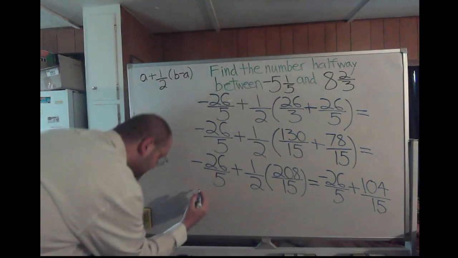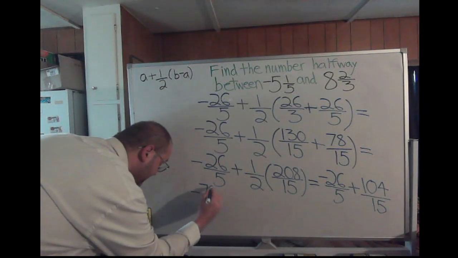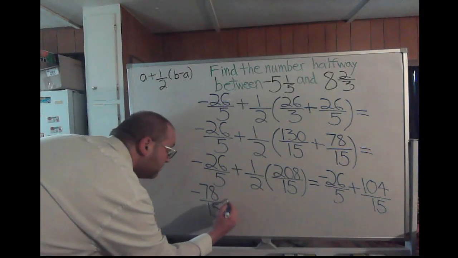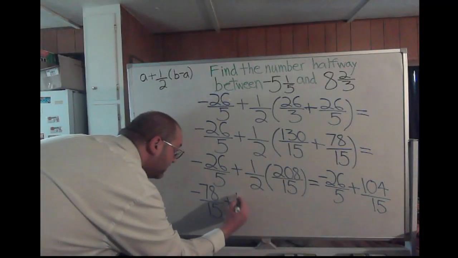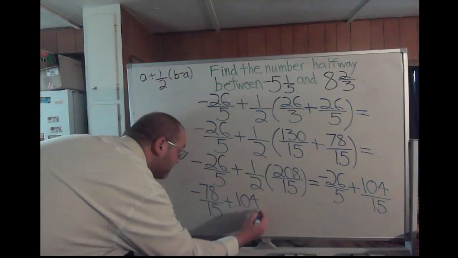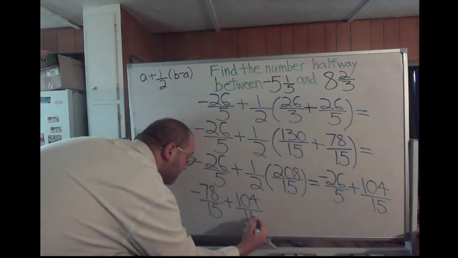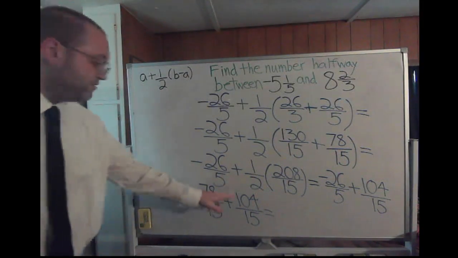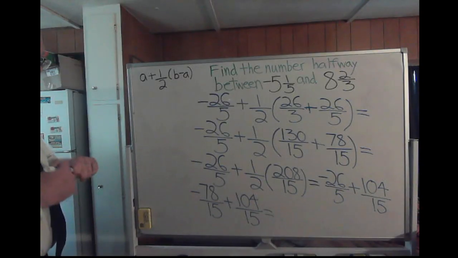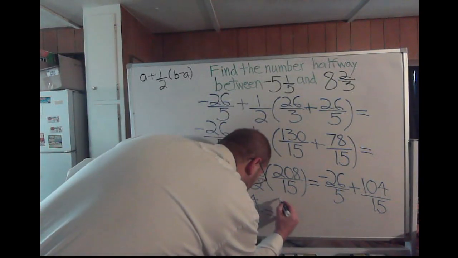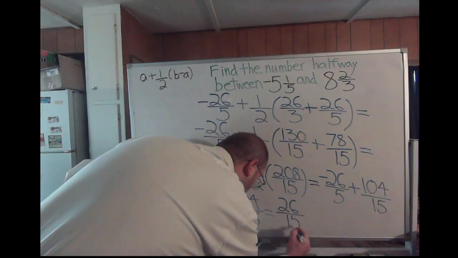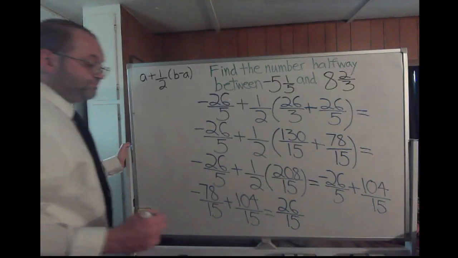So negative 26 times 3, that's negative 78 out of 15, plus then you'll have 104 out of 15, which now we just do 104 minus 78. That would end up being 26 fifteenths. You get 26 fifteenths for your improper fraction.